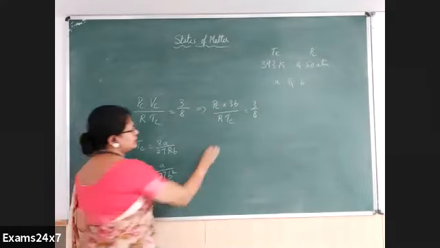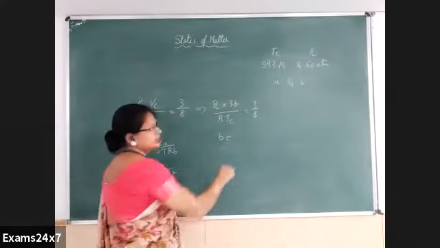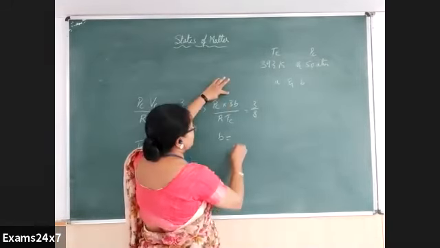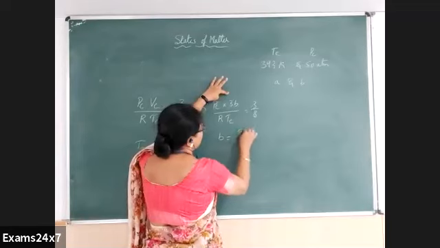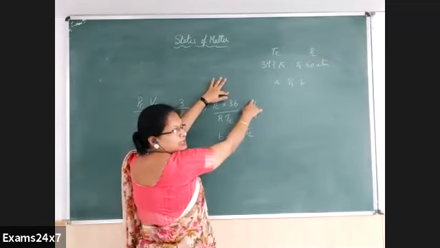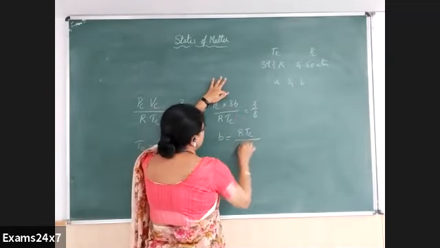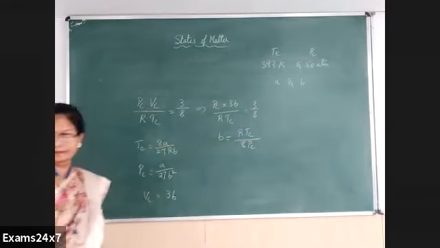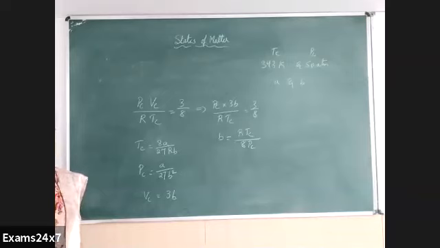Can you derive the relation for B from here? 3 cancels. So what will be B? R, TC, take this to the other side, becomes 8 times PC, is it? So B equal to R TC divided by 8 times PC, right?